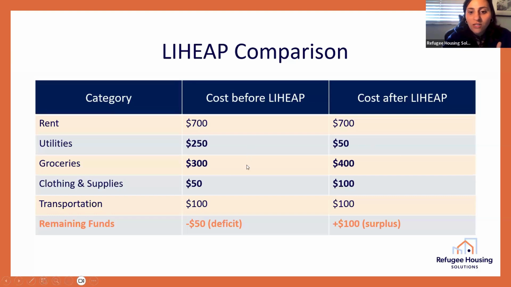So that $200 can be applied elsewhere. Groceries was able to be increased. Their clothing supplies and transportation remained the same, but they were able to have a $100 surplus, whereas before they were deficient by $50. So it did help with getting them more stable with their other necessities and in their housing situation.